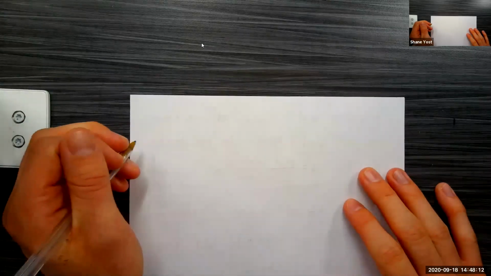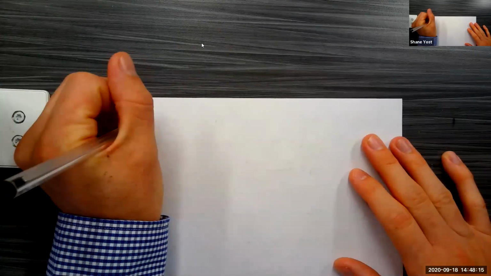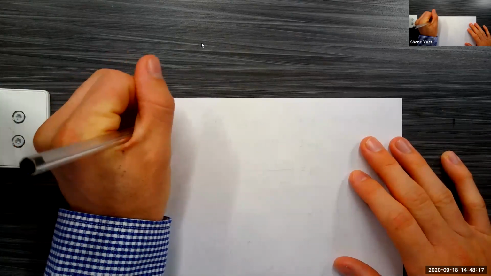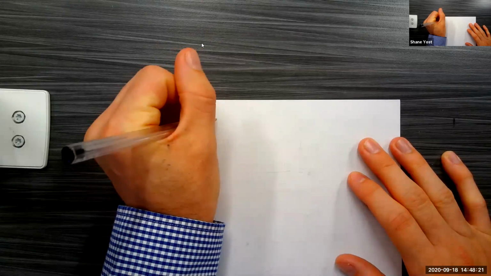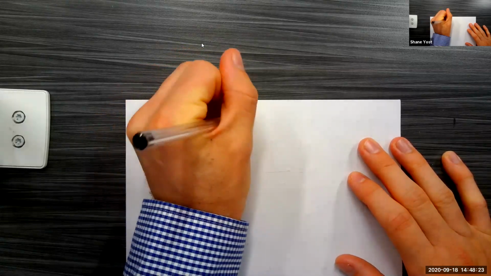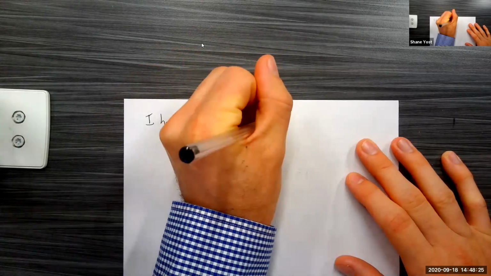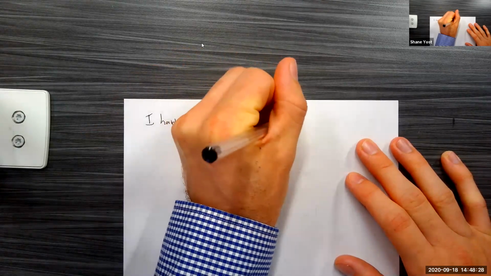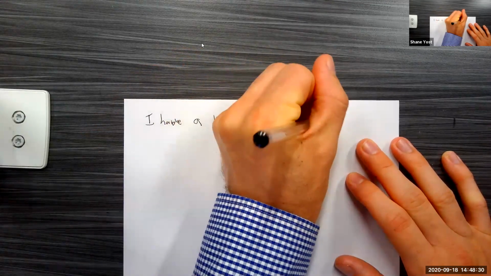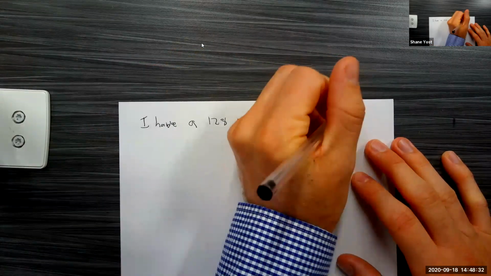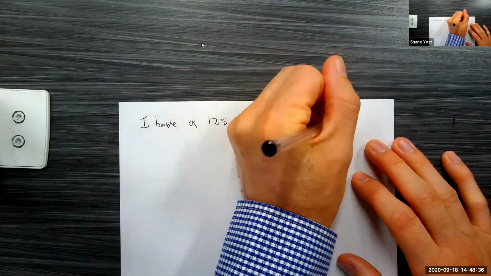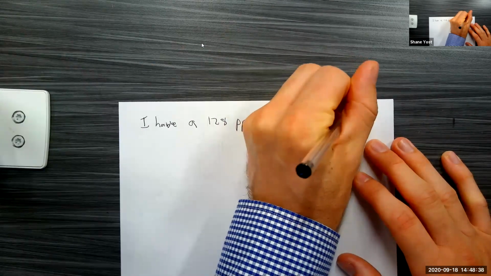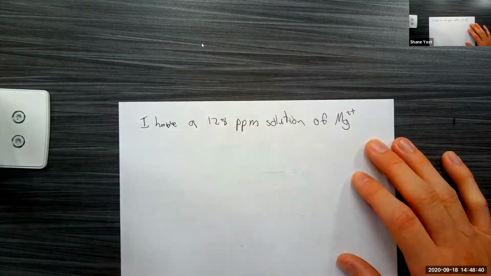All right, let's do another conversion. Let's say we have a 128 parts per million solution of magnesium ions, Mg2+.